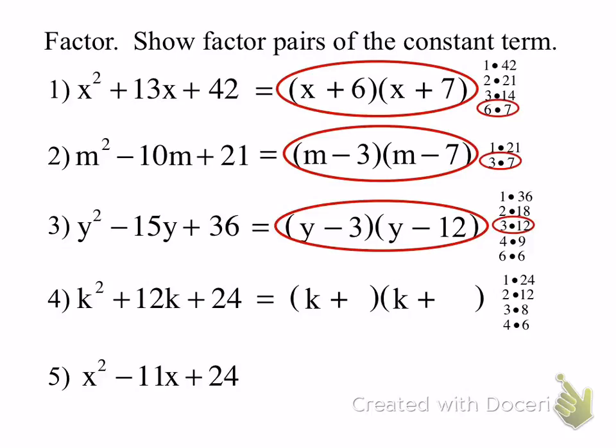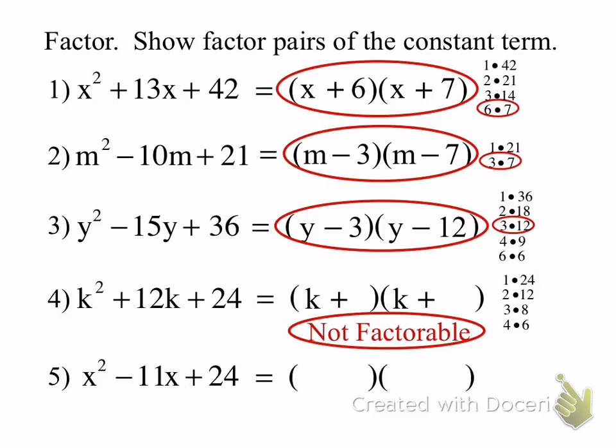So what two factors multiply to 24 but add to 12? Which of those two factor combinations? Nicole? None of them. So if that's the case and none of your factors add to your middle coefficient, we just say not factorable. But it's very overused, guys. Every time you get stuck, don't start using not factorable.